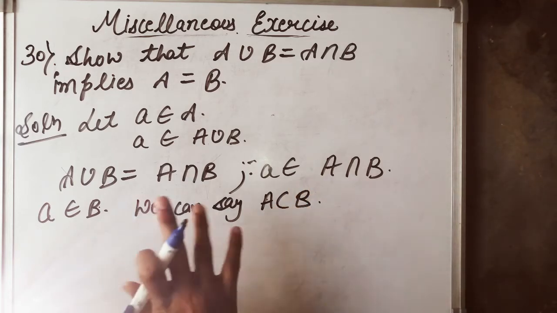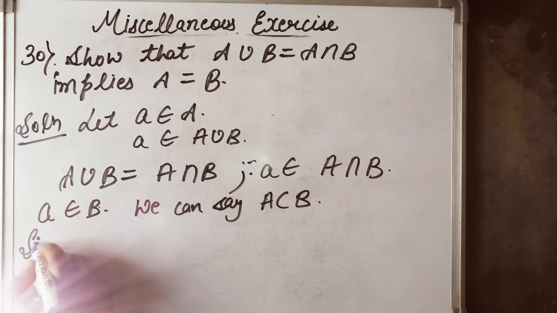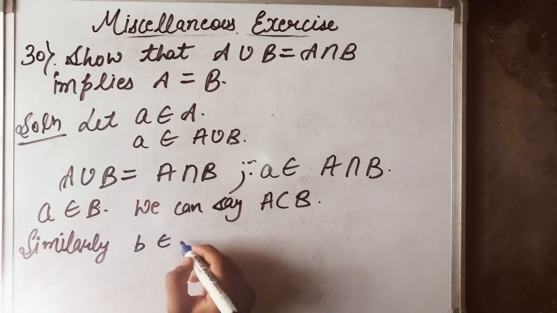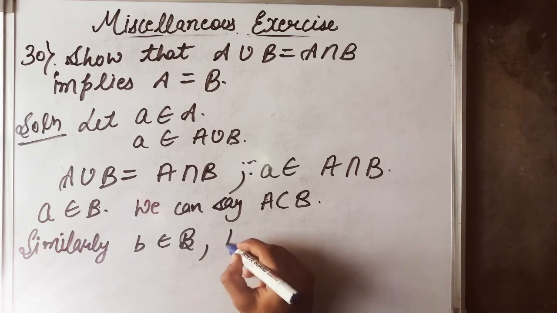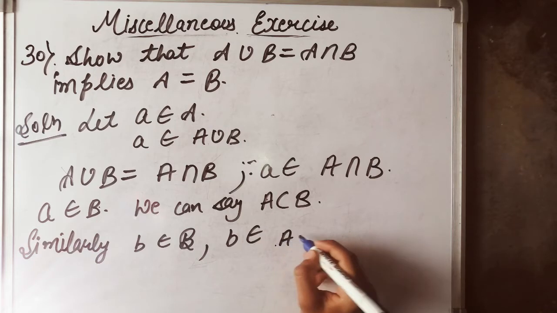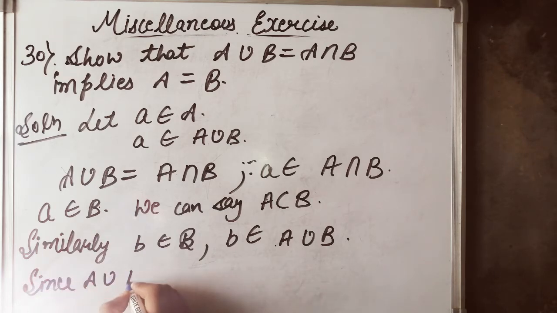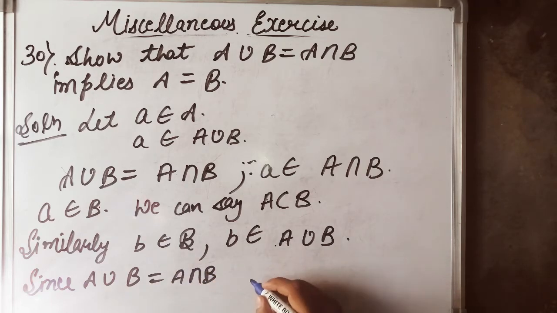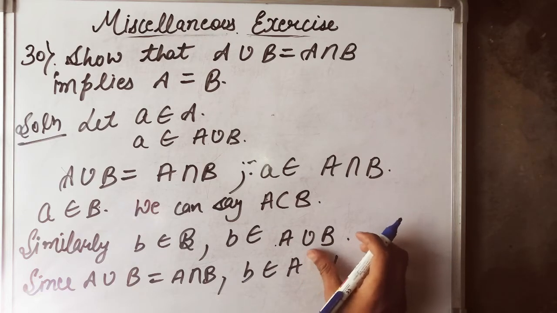Thus we can say that A is a subset of B. Now similarly, we can say that b belongs to B, and then b belongs to A union B. Since A union B is equal to A intersection B, we can say that b also belongs to A intersection B.